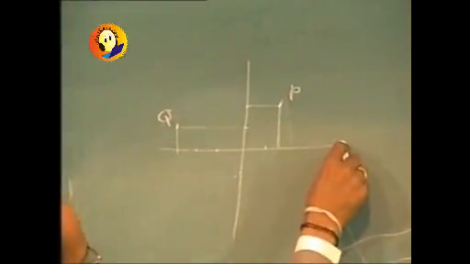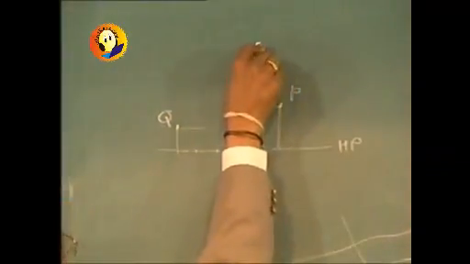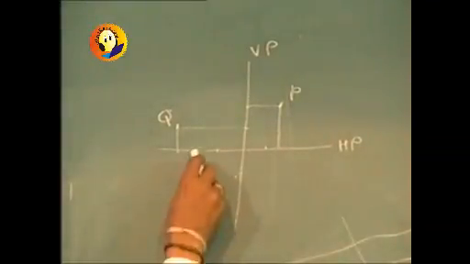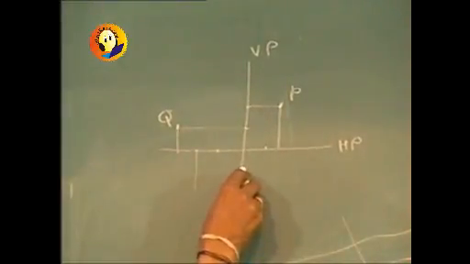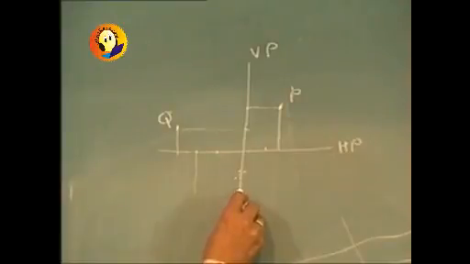It was our coordinate system, but it is actually HP and VP which are seen. And point R that I am talking of is actually 20 behind VP and 20 below HP.